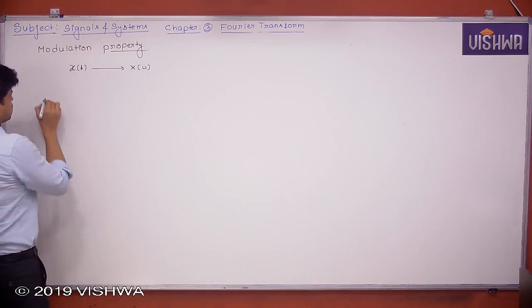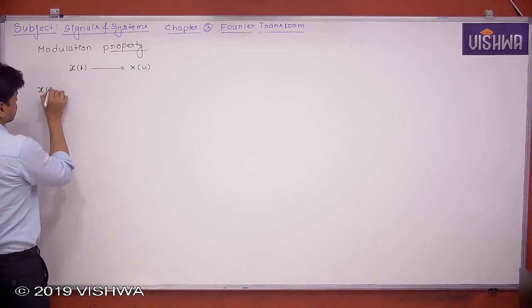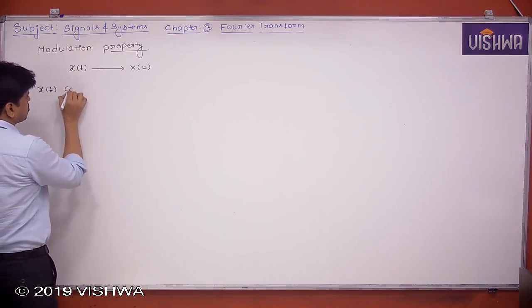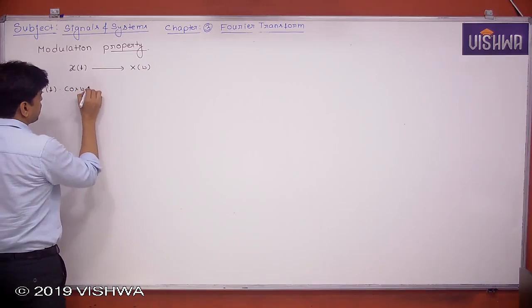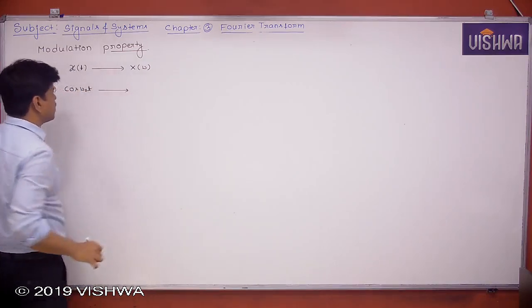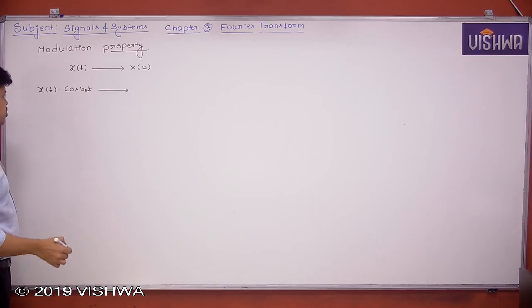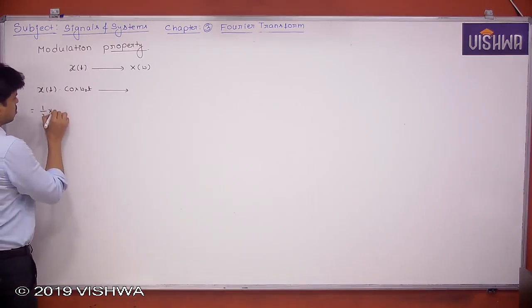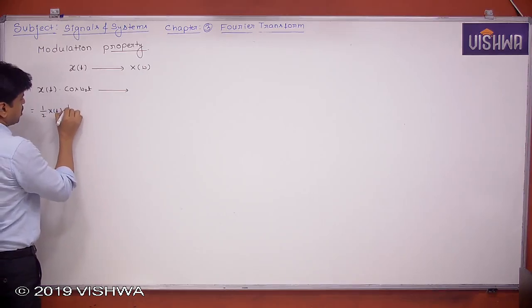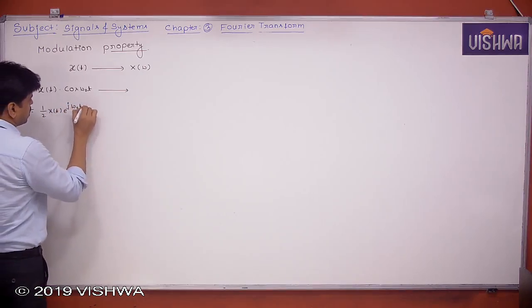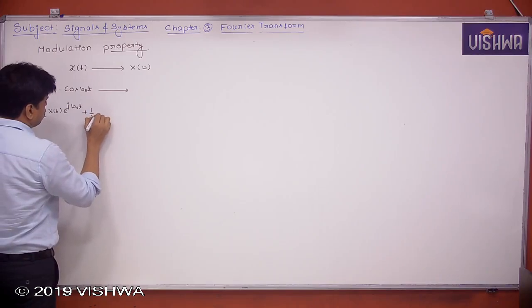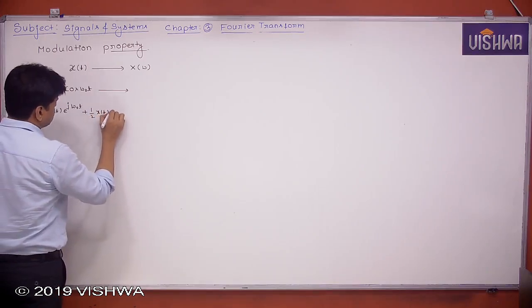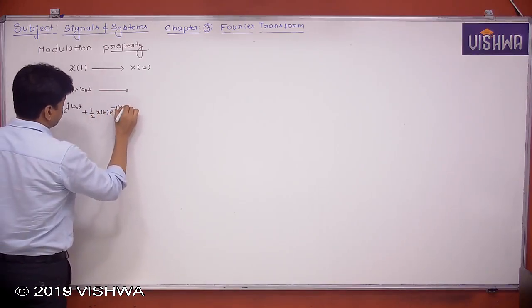If I ask what is the Fourier transform for a signal which is multiplied with cos omega naught t, now if you observe carefully, this can be written as 1 by 2 x of t e power j omega naught t plus 1 by 2 x of t e power minus j omega naught t.